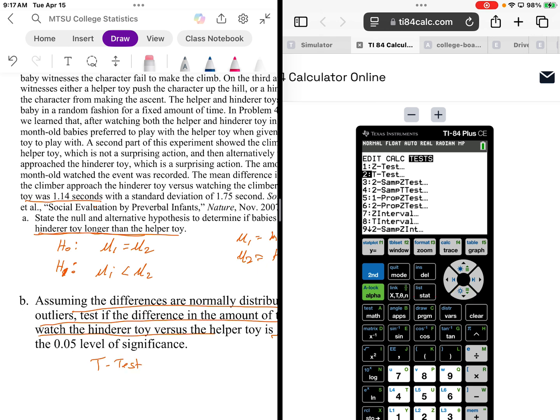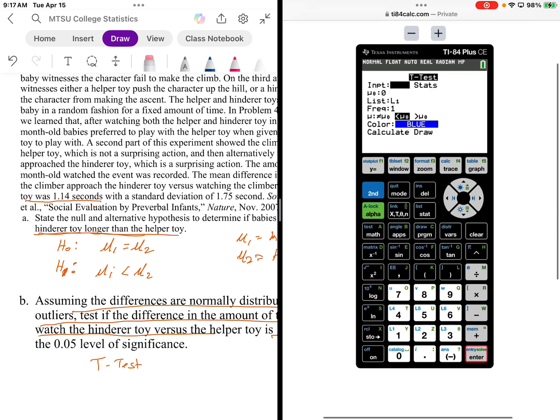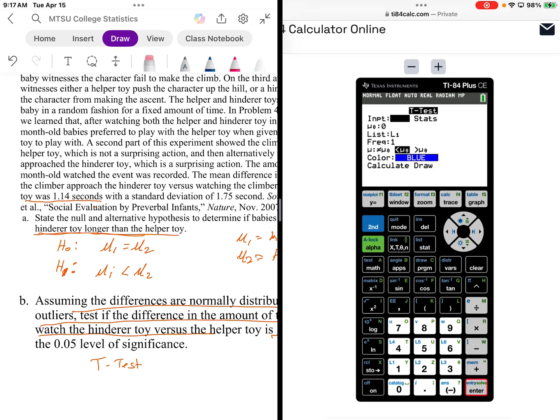Now, when I choose the t-test here, they didn't give me all the data, so I have to switch it over to what they call Stats, where I can actually put in the mean and the standard deviation. So I have to choose Stats. I have to type in the mu naught. Mu naught again would be there is no difference, so 0.